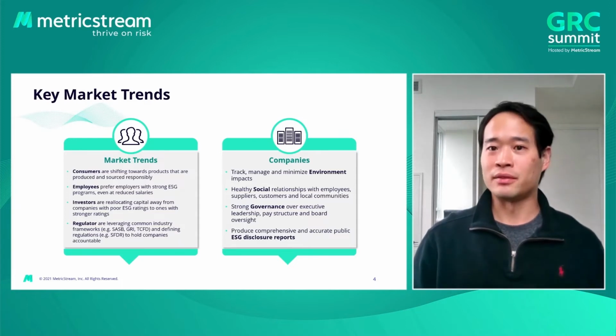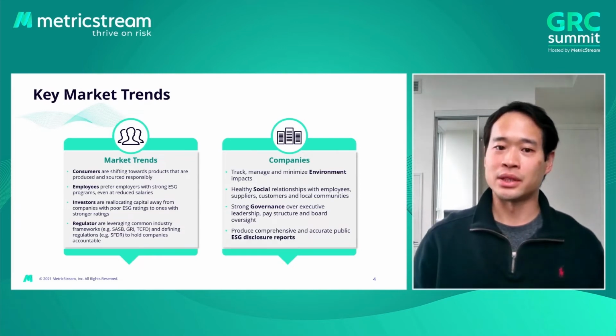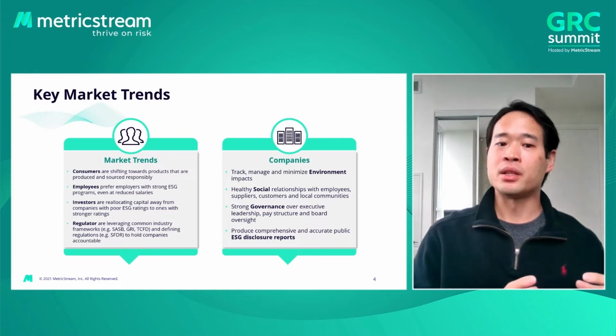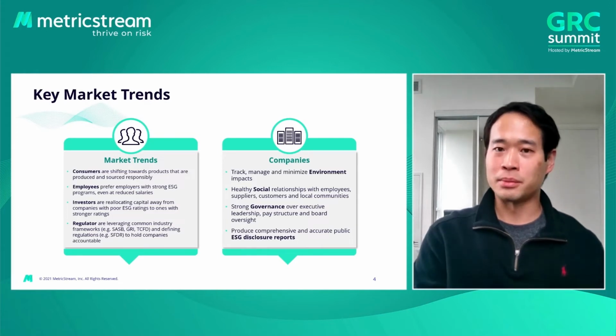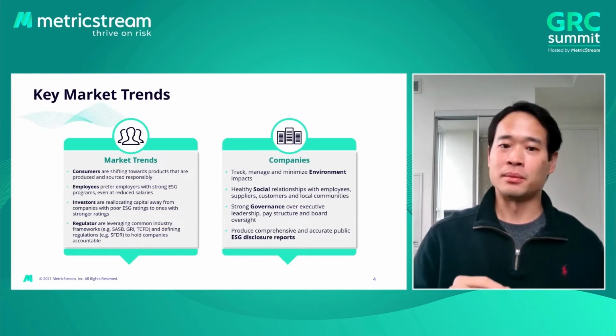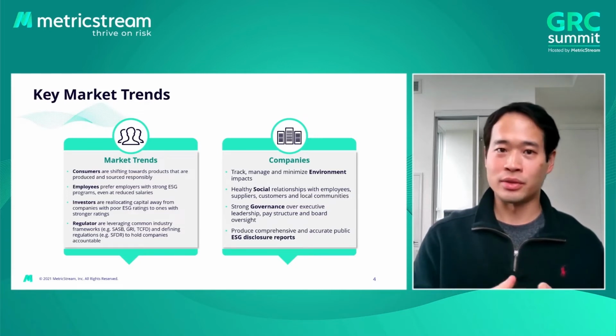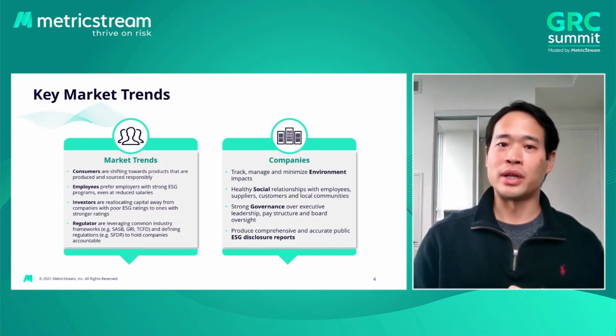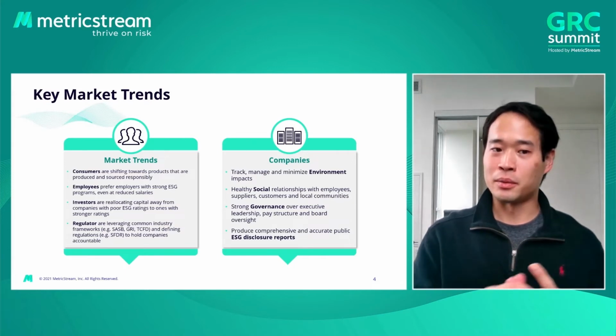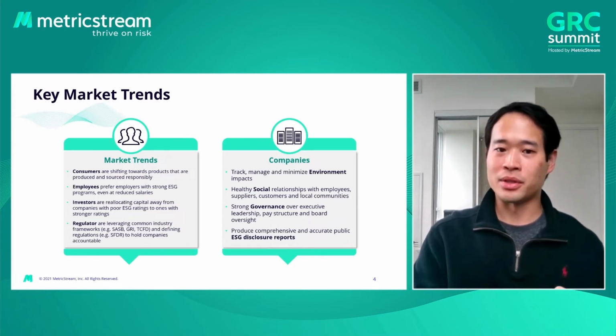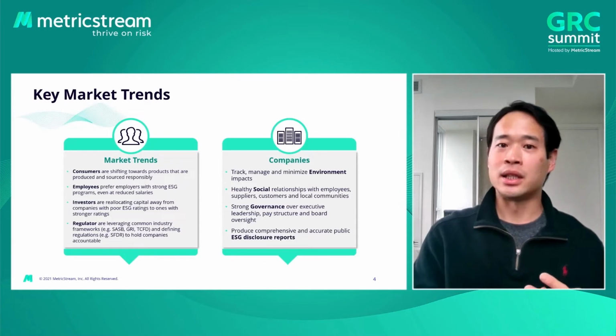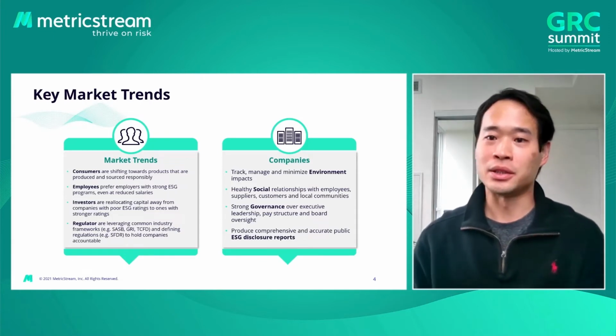Typically, investors, whether institutional or retail, tend to look at public ESG disclosure reports, something that companies would report annually to display their environmental metrics, such as greenhouse gas emissions, wastewater, and energy usage, as well as social data around their supply chain and what type of employee programs they have in terms of diversity, equity, and inclusion.